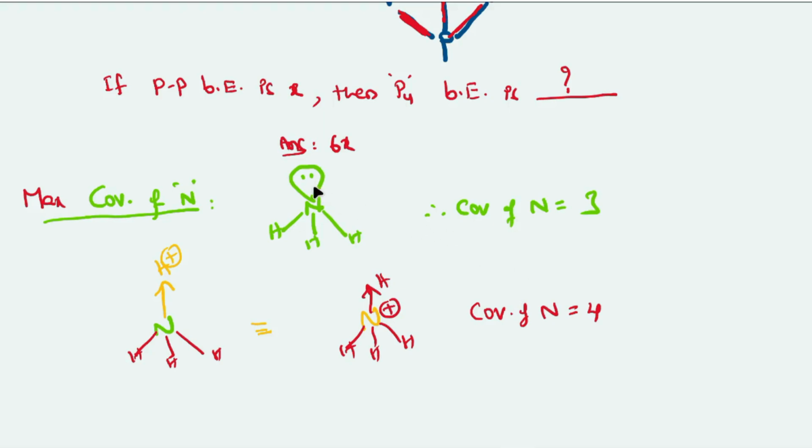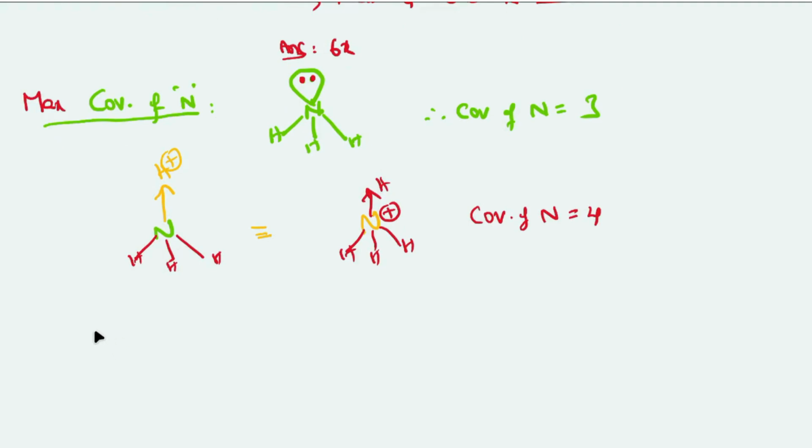Somebody has a doubt, sir. Here 2 electrons are there. Why do you make only 1 bond? Yes. To form 2 other bonds with the nitrogen, vacant d orbitals are required. By good luck, any second period element has no d orbitals.